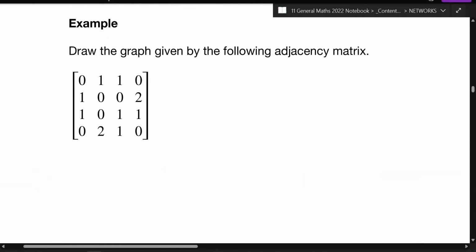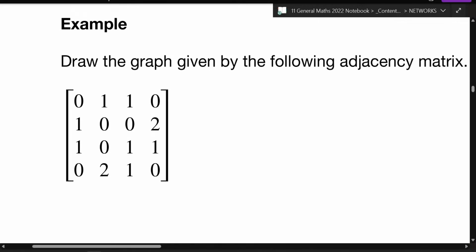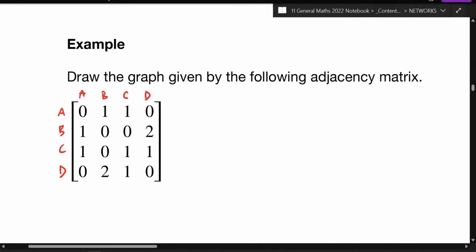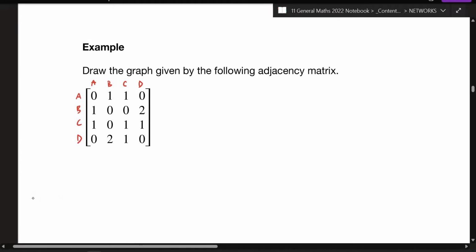So how do we then represent an adjacency matrix as a network? Always label. I like to label just so it's easy to work with. So this is A, B, C, D, A, B, C, D. It's 4x4. That means there's going to be 4 vertices.